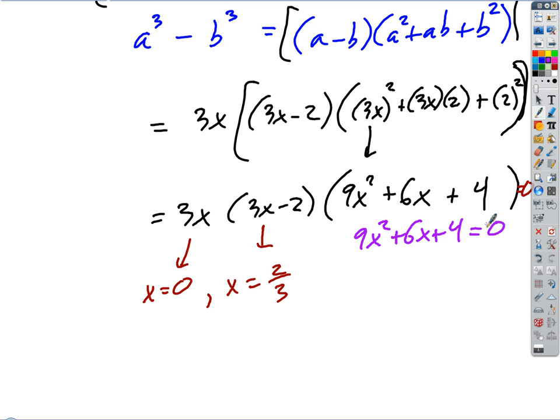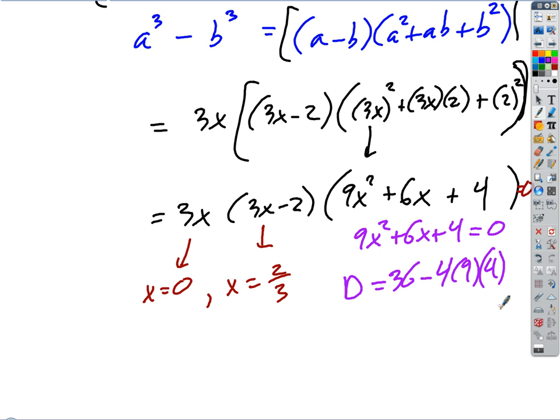If it turns out that it's positive or 0, we'll just use that in the quadratic formula. But what are we going to get? The discriminant is what? 36, right? 6 squared. So 36 minus 4 times 9 times 4. Well, that's pretty obviously negative, isn't it?